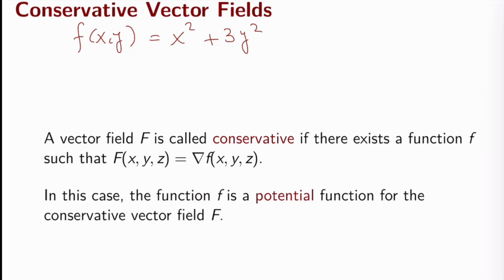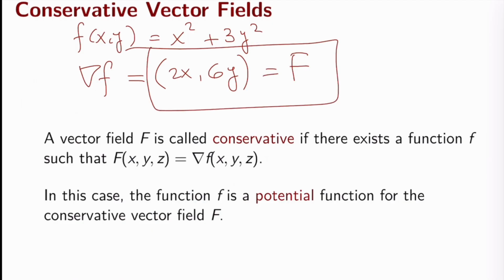If we calculate the gradient vector field of this one, the gradient of f, the derivative with respect to x is 2x, the derivative with respect to y is 6y. So this vector field, let's call it capital F, is conservative because we just calculated it as the gradient of this one, and the potential function is this one, the small case f.